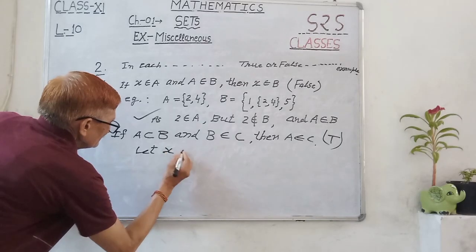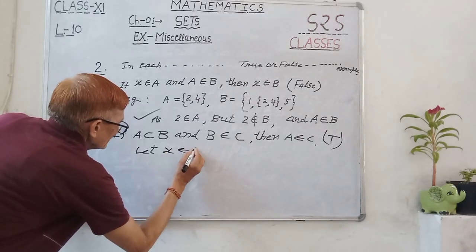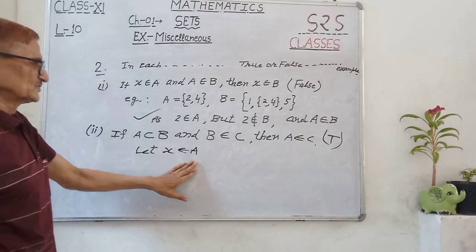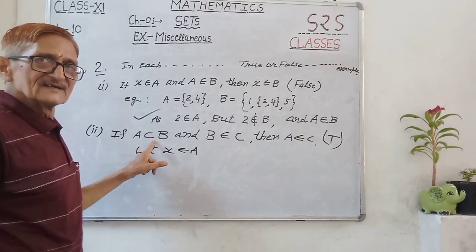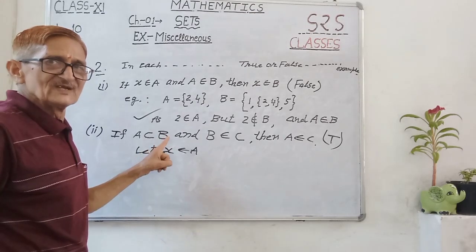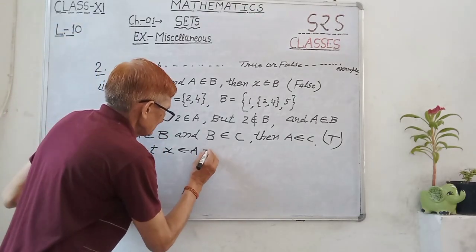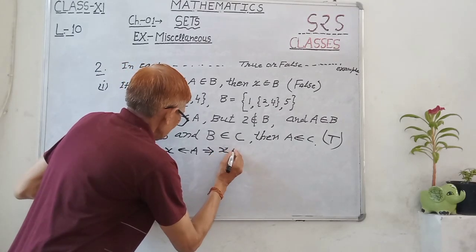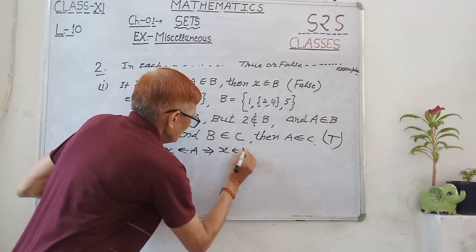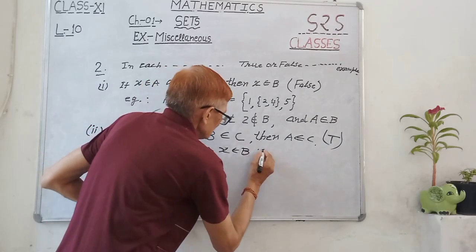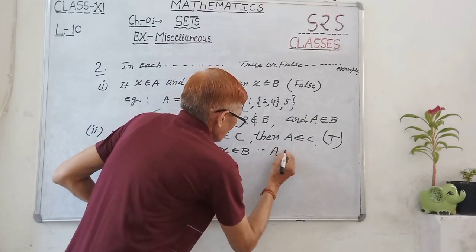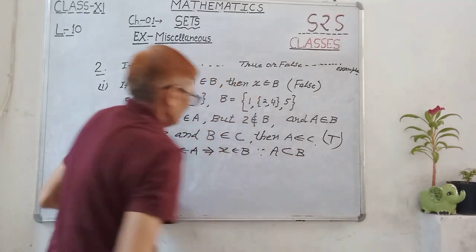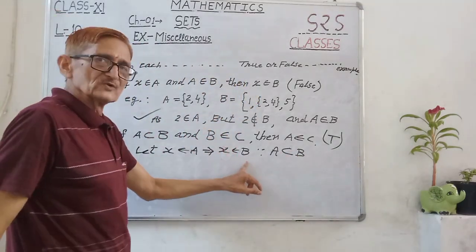Let X belong to set A, and all the elements of set A will be in B. So this implies, because A is the subset of B, X belongs to B. Every element of A is in B. So X belongs to B.